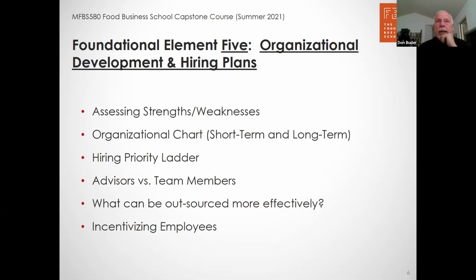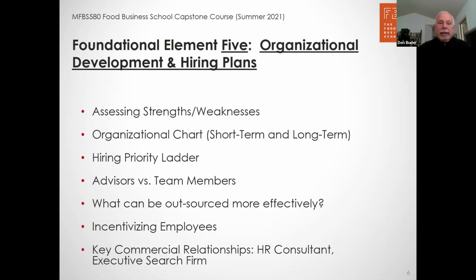Those employees may be more motivated by incentive compensation bonuses based on profitability of the company or profitability of their teams or whatever. But we have to understand what will motivate the employees if we want to incentivize them financially, and we have to design programs that address that.